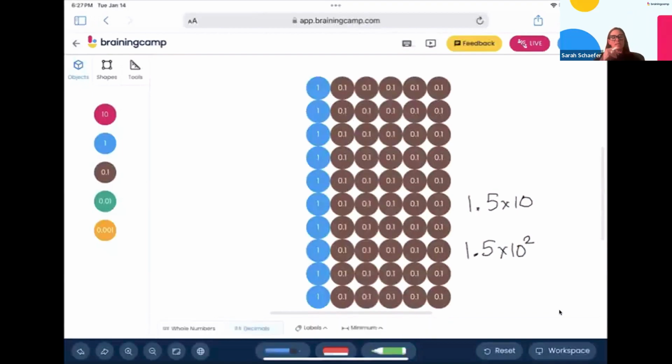And so I just want to give you a minute to play a little bit with this, in trying to understand what the value of this is and how to give a visual model for this idea of magnitude.